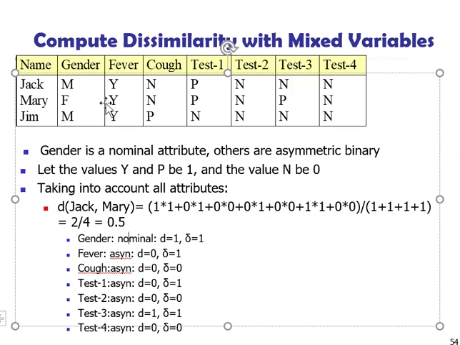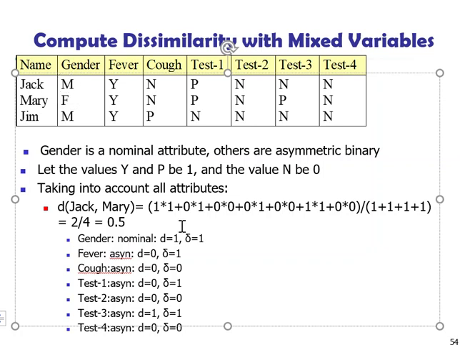For a nominal attribute, we score the distance as 1 when the values are not the same. So our distance is 1. And our weight is 1 because gender is not an asymmetric binary attribute, and we have values for both.